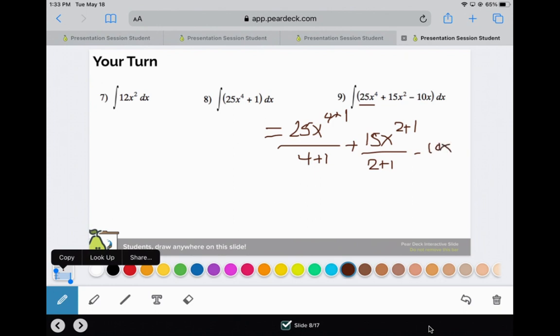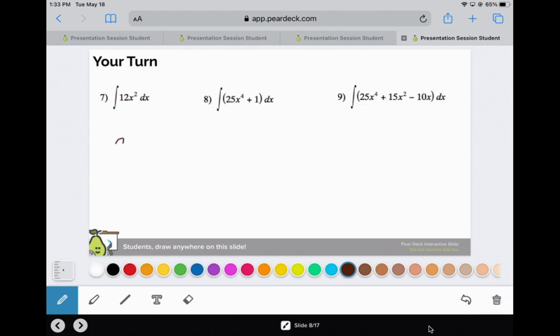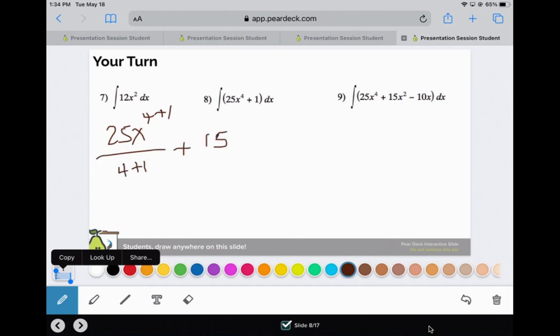Minus 10x, so this is 1 plus 1. Let me write over here so that I have all the space that I need. So 25 x to the 4 plus 1 over 4 plus 1, 15 x to the 2 plus 1 over 2 plus 1, minus 10. This is like a 1, so 1 plus 1 over 1 plus 1. Don't forget the C. Don't forget the C, okay?